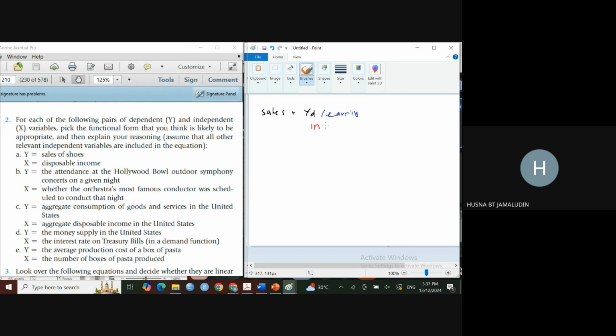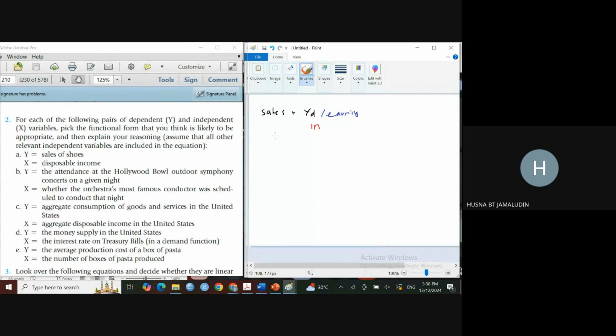Remember, when we learn this topic, it means that when the income increased or decreased by a large number, log. When your income increased by a large number, do you think that the sales of the shoes will also increase by a large number? For example, your income increased by 100%. Do you think people will simply buy shoes and shoes will also increase by 100%?